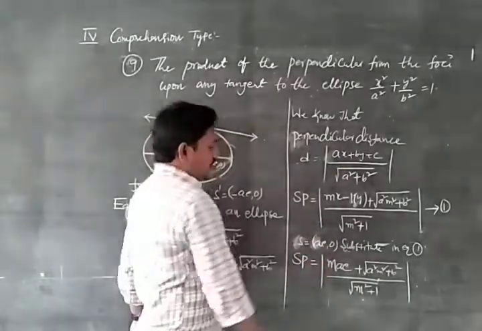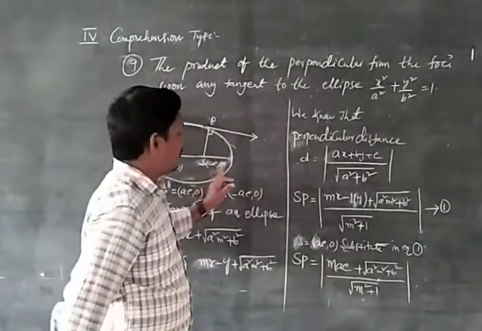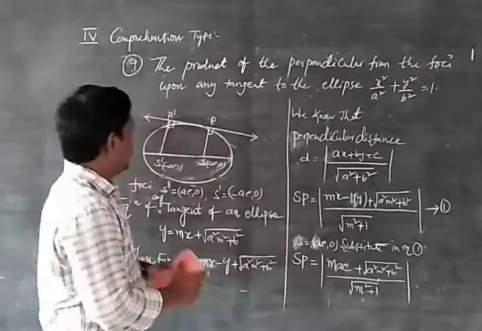Substituting for the focus S equal to (ae, 0), we got SP.